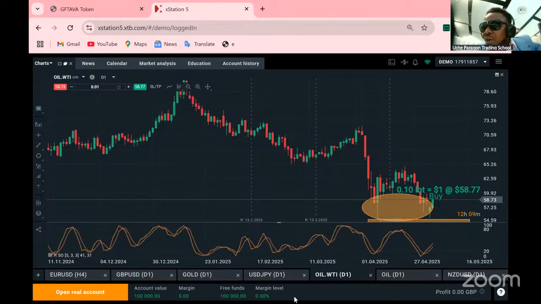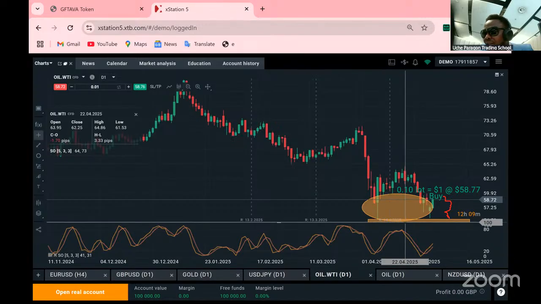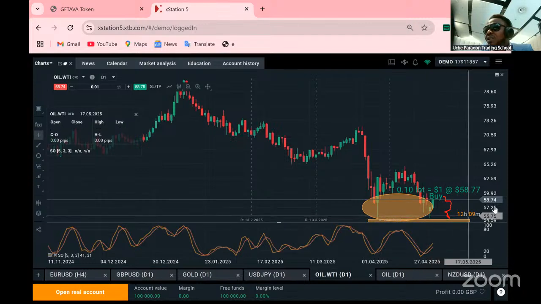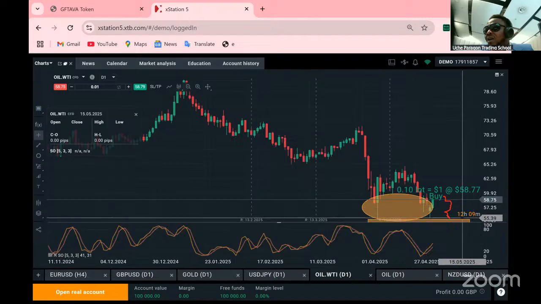Now this market comes down. Now remember, you are having $1,000. The market comes down to this point, right? Let me check the price here. It is now 55.32. So 58.77 minus 55.32.